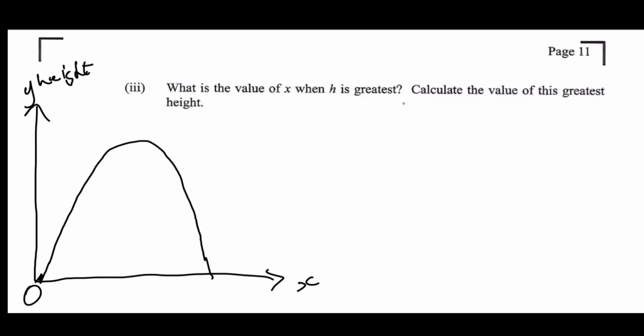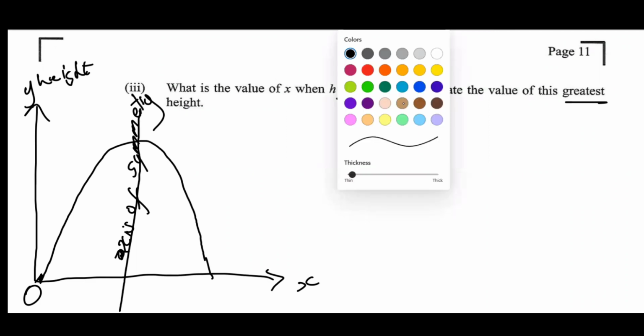Oh, but at any maximum or greatest distance, you are actually on what is called the axis of symmetry. The axis of symmetry will help us to find our maximum, because the only x value at maximum or minimum is the axis of symmetry.